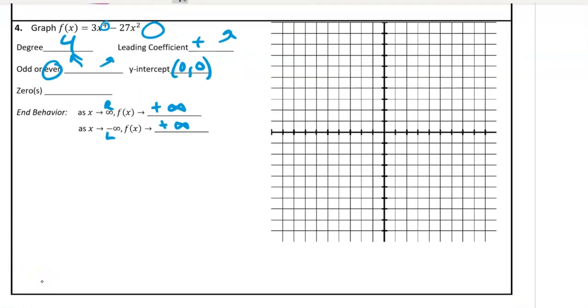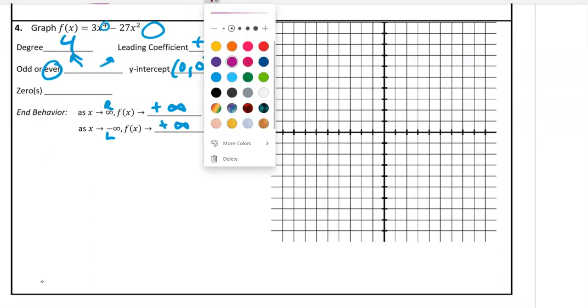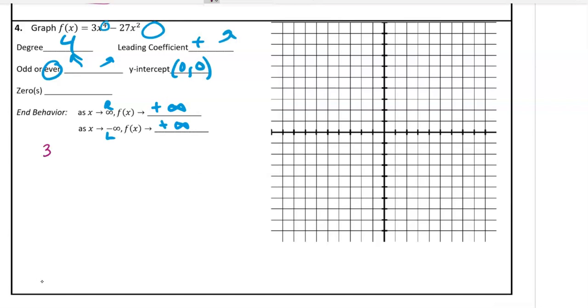Okay, now we need to find our zeros. Let's rewrite our polynomial. 3x^4 minus 27x^2 equals 0. Now, is there anything from both of these that we can factor out?